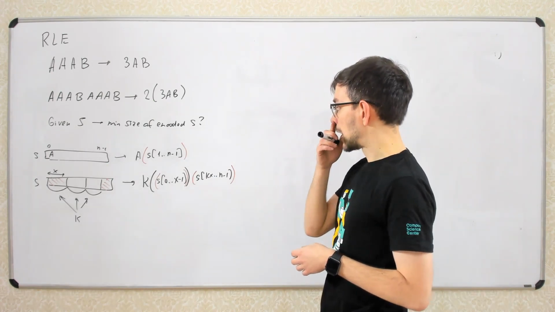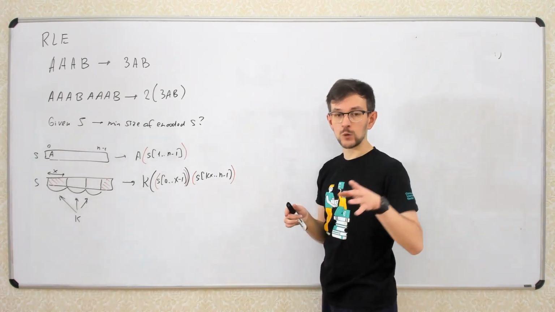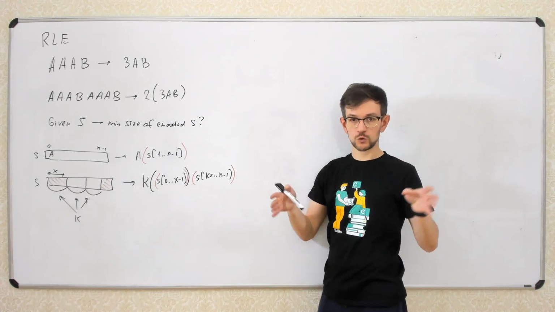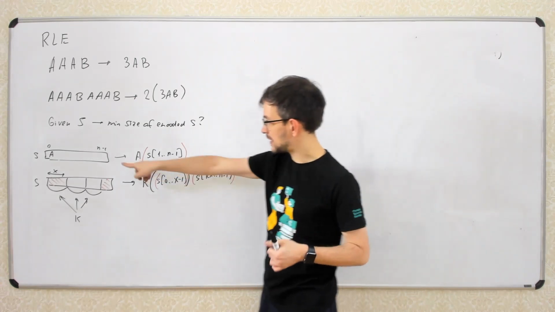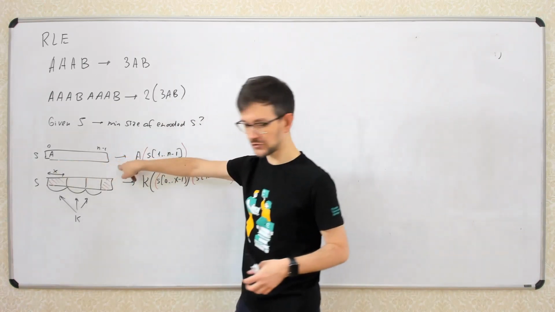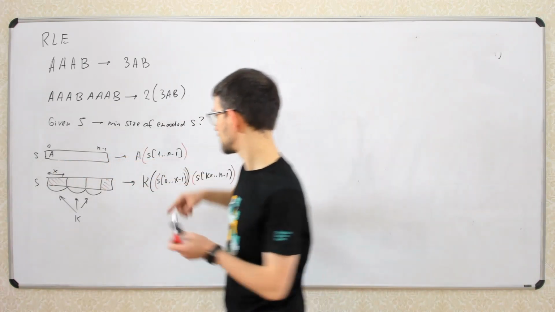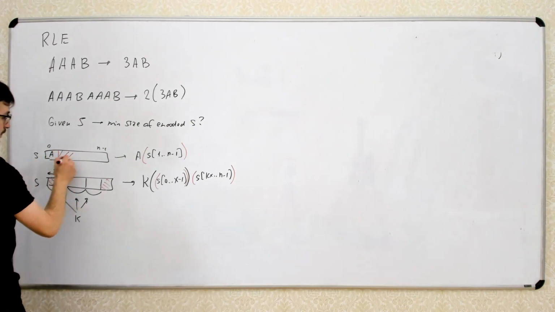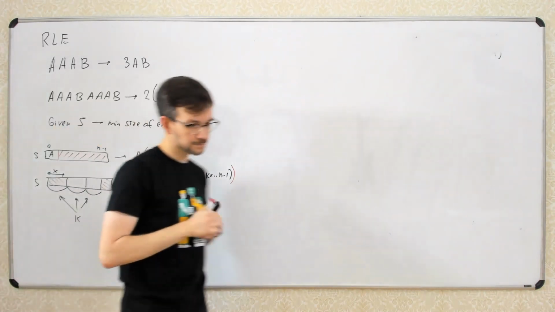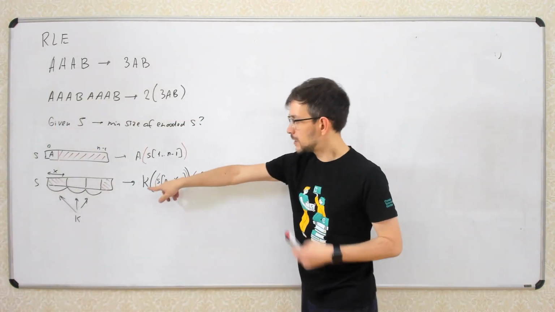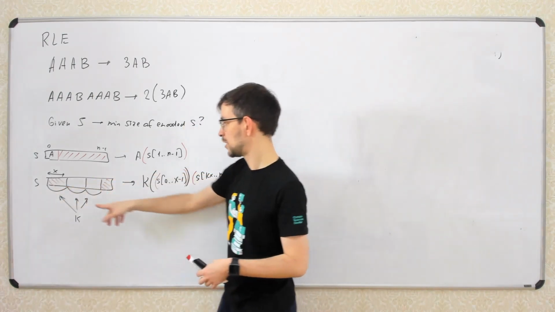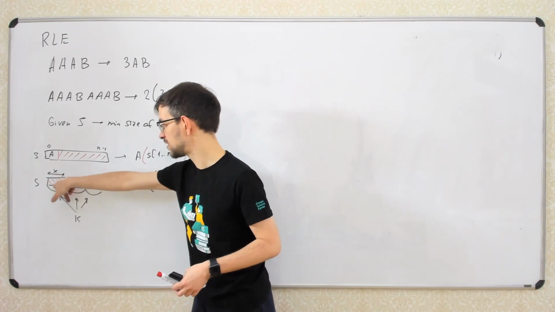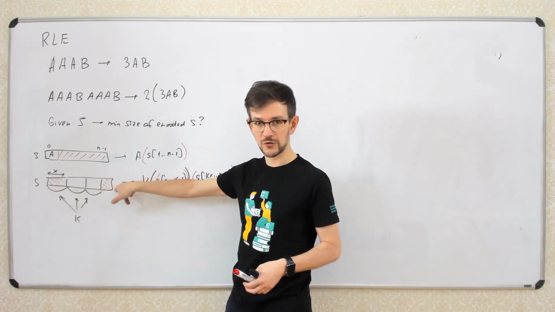Now each time we reduce our problem to the same problem of a smaller size. In this case, we have this problem for the whole string, and here we have the same problem for this part of the string. We need to solve the same problem for this part and for this part.